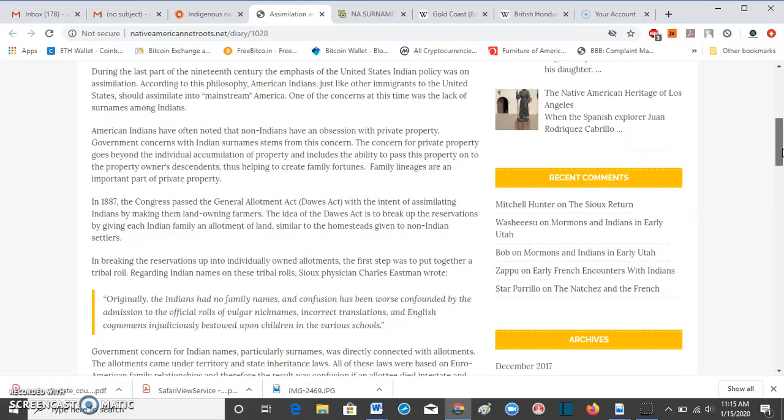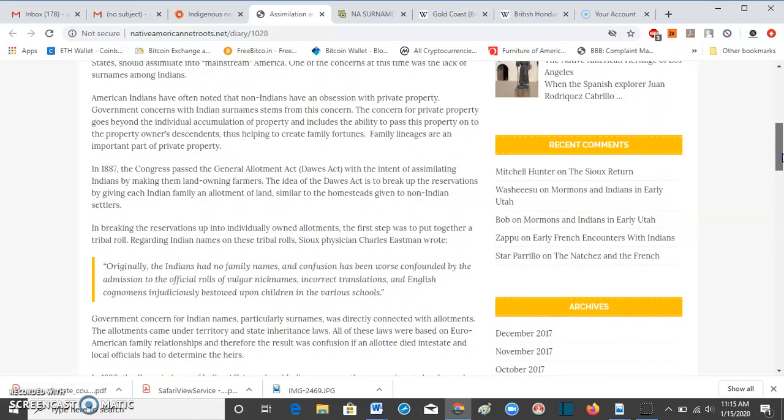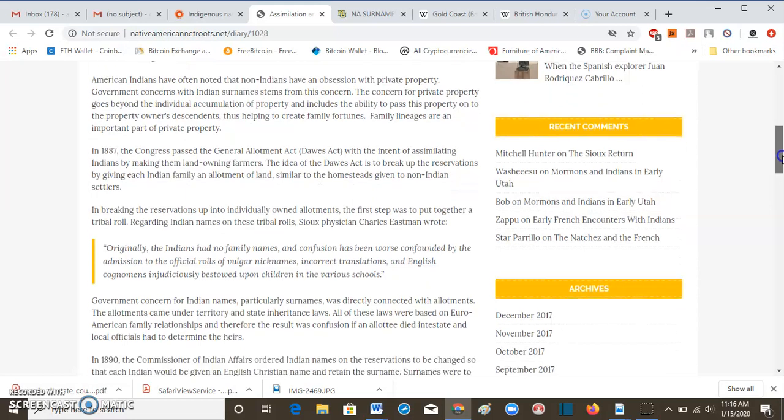American Indians have often noted that non-Indians have an obsession with private property. Government concerns with Indian surnames stem from this concern. The concern for private property goes beyond the individual accumulation of property and includes the ability to pass this property on to descendants, thus helping to create family fortunes. Family lineages are an important part of private property.